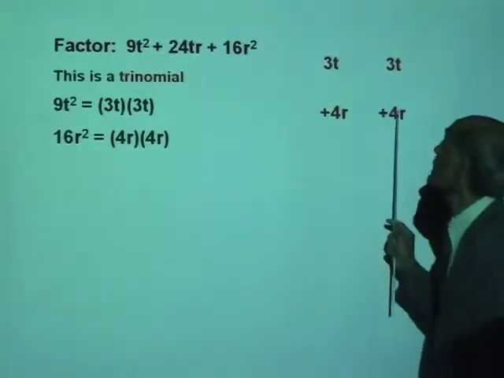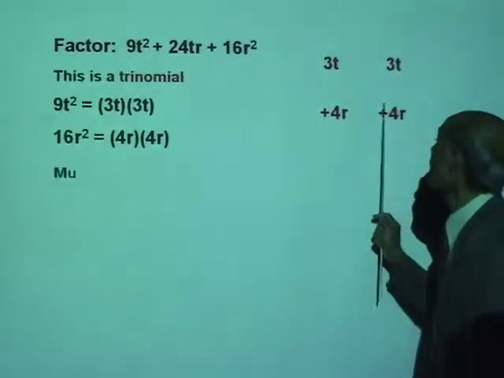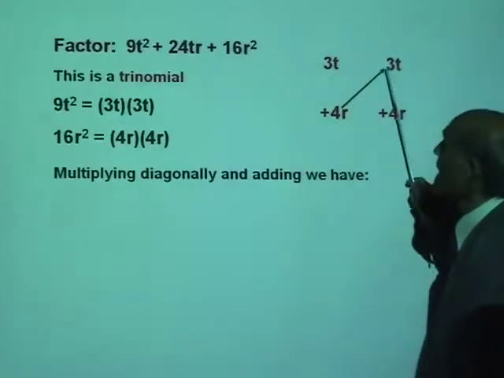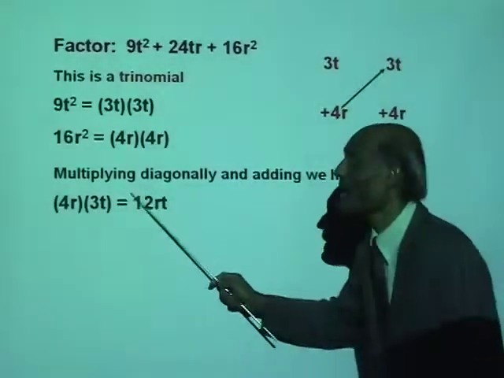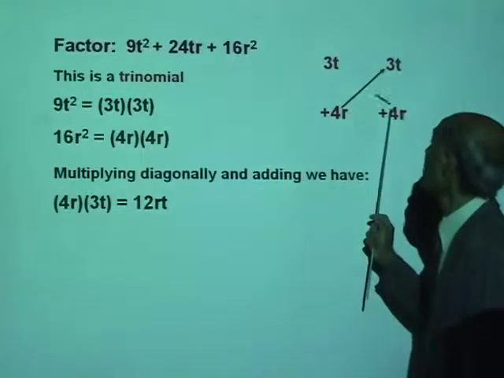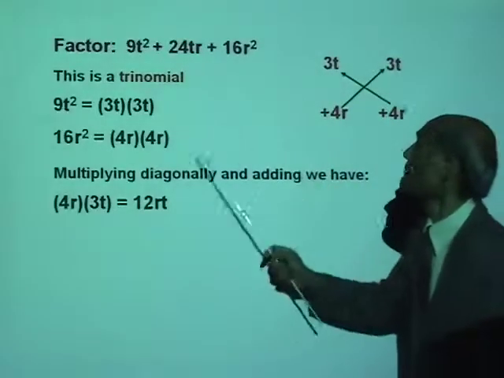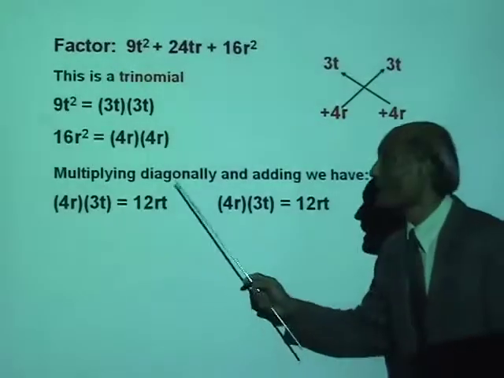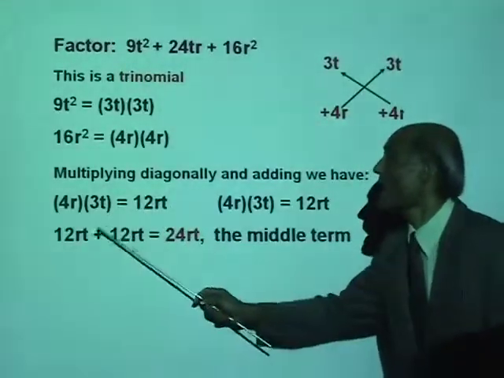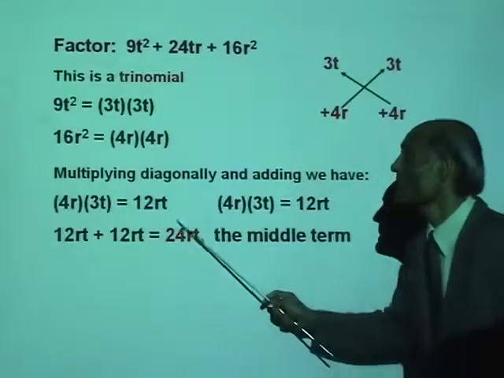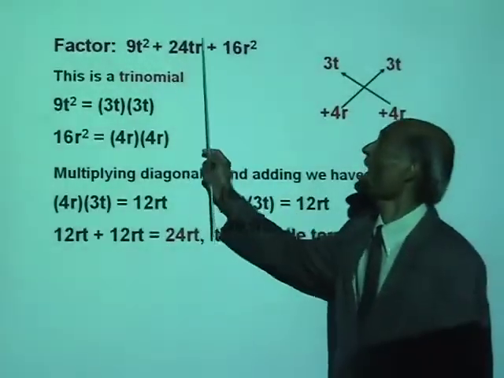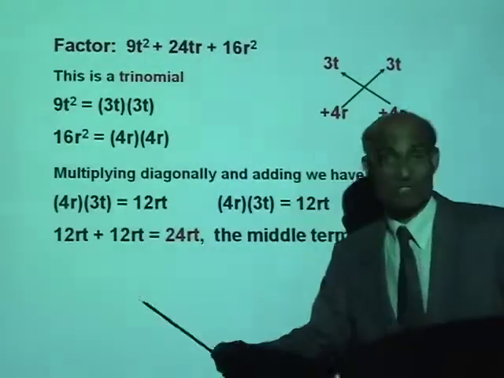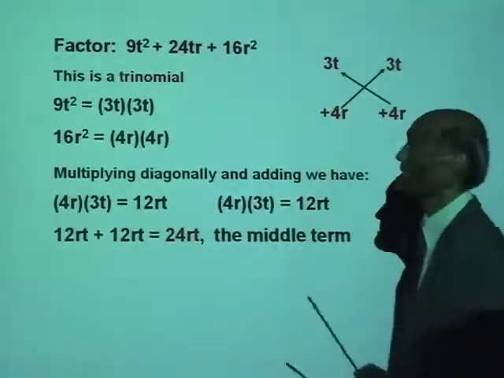What do you get if you multiply diagonally? 4r multiplied by 3t is 12rt. And this 4r multiplied by 3t also is 12rt. And 12rt added to 12rt is 24rt. tr and rt are the same thing, which is the middle term.